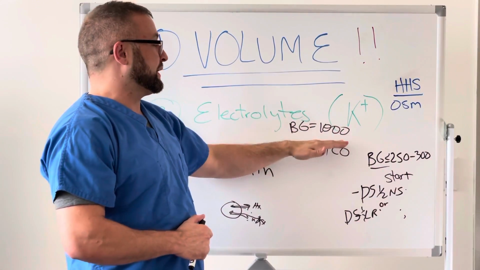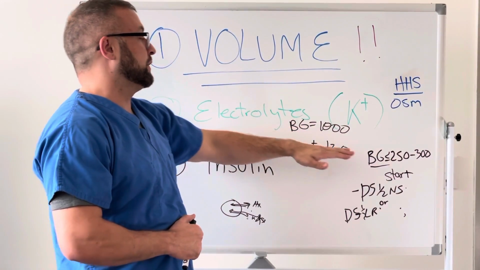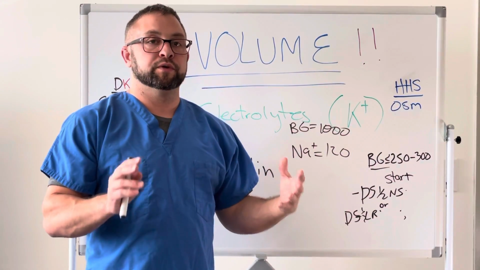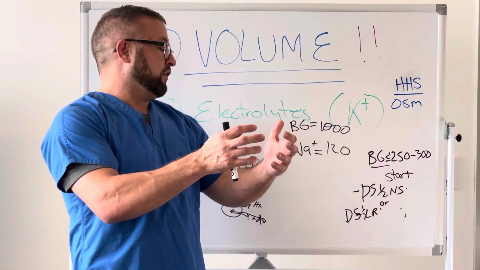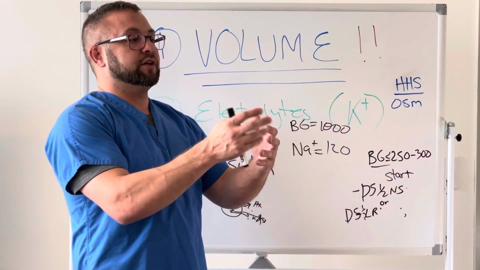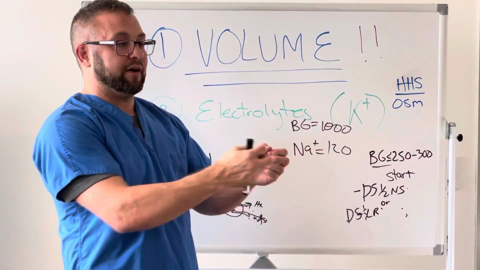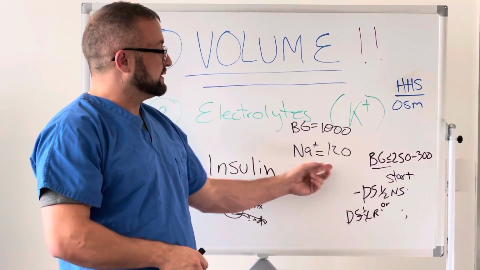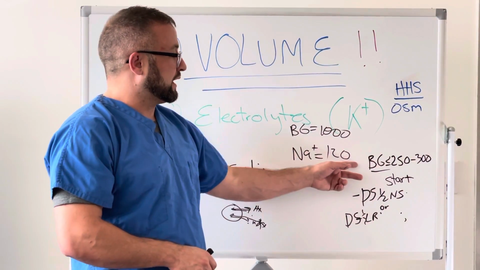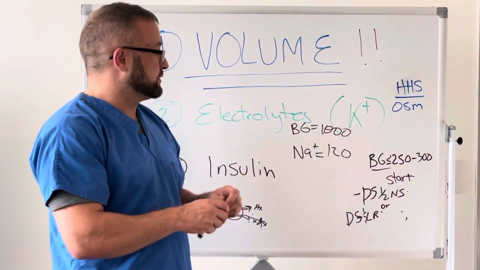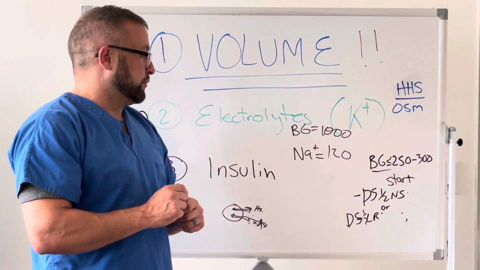It's literally directly relational to how high this number is. You'll get a reduction in sodium. It's not a true reduction. What it is, all that high osmolality and glucose outside the cell has pulled the intracellular volume out into that extracellular space, and it's causing what looks like hyponatremia, but it's a relative hyponatremia. It's almost similar to dilutional hyponatremia.